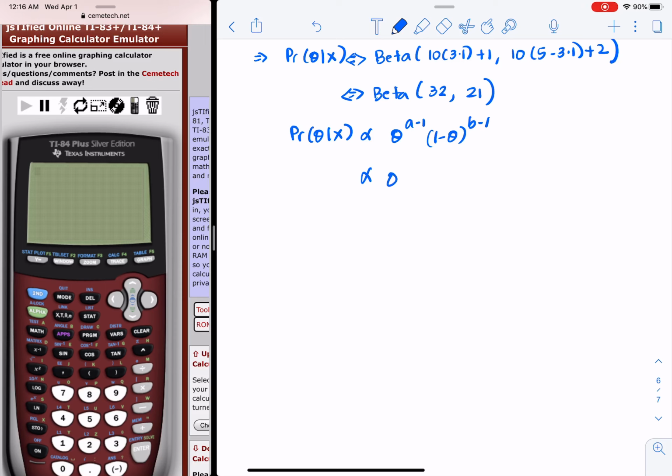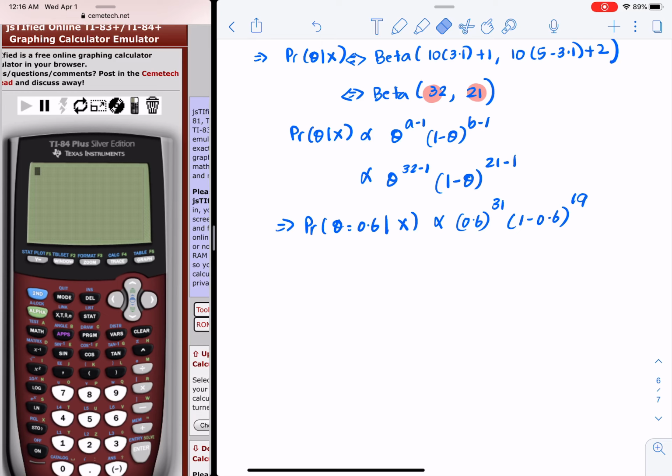So, the new value of a in the posterior is 32 minus 1 and 1 minus theta raised 21 minus 1. So, which is the most likely value? Let us plug in 0.6 given the data or the evidence, which is 0.6 raised 31 times 1 minus 0.6 raised 19. Oh, sorry, bad math there. 20.